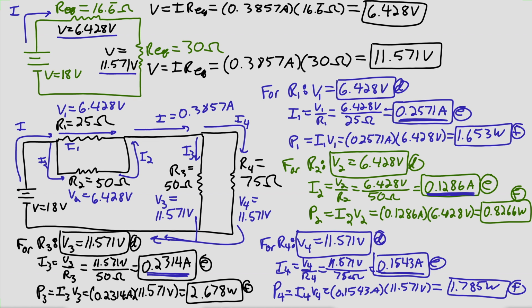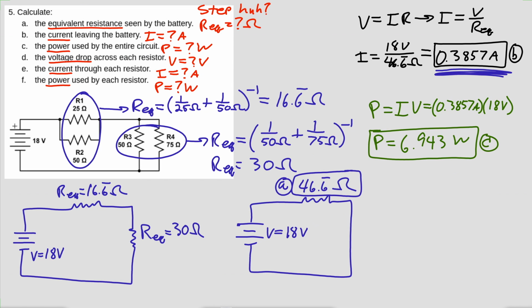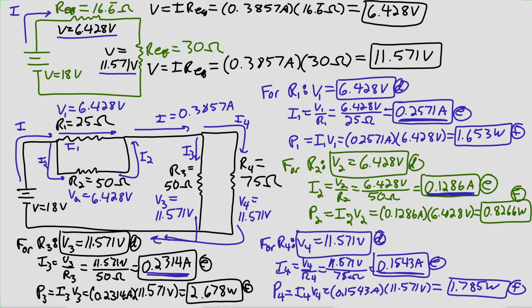The other thing to notice is, if we go back, we figured out the total power of this whole circuit, of everything all at once, is 6.943 watts. Well, what do you think is going to happen if we add up all of the powers used by the individual ones?